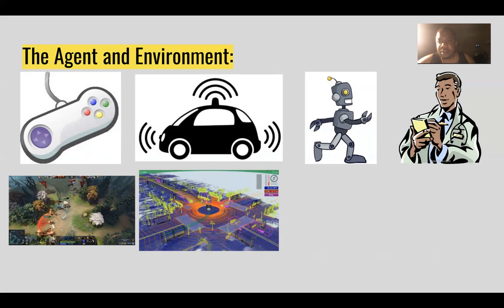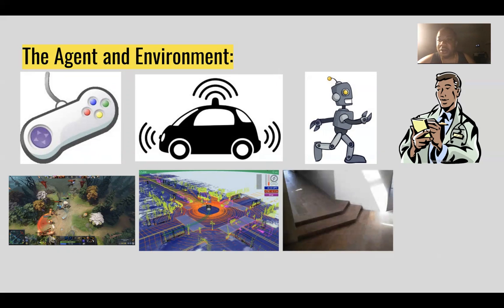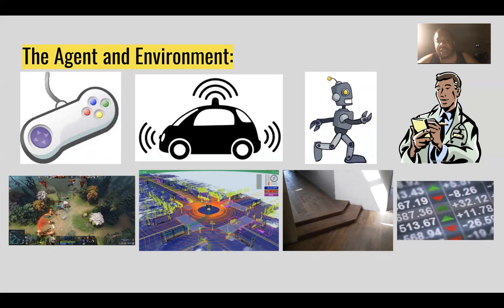A self-driving car would interact with the environment via sensors and LiDAR. A walking robot would obviously interact with the floor. It has to determine: is there a step, is there a hill, an incline? And a trading algorithm would interact with markets and make decisions on whether to buy, whether to sell, or whether to do nothing, and receive rewards from the market.